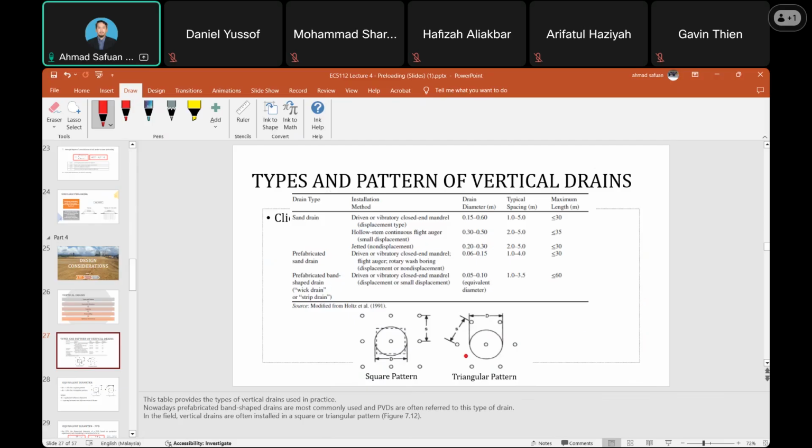The pattern type can be either square or triangular. There are coefficients for the square and also for the triangular pattern. Spacing is based on the typical spacing from this table.